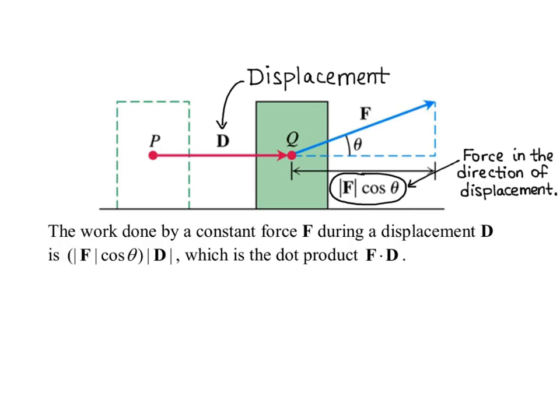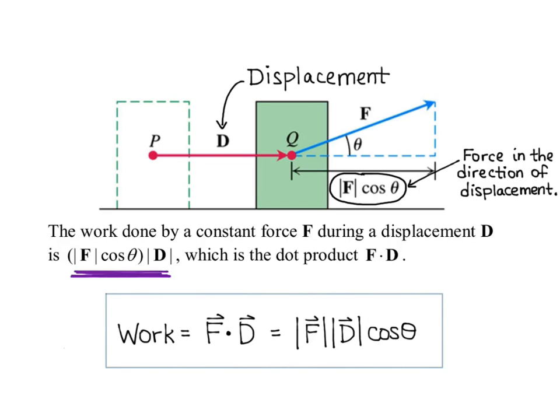So now the work done by a constant force, remember, is your force in the direction of displacement times the displacement. So the work done by a constant force F during a displacement d is the magnitude of F times cosine theta, which was our horizontal force, times the magnitude of d. Remember, this is, by definition, the dot product of F and d.